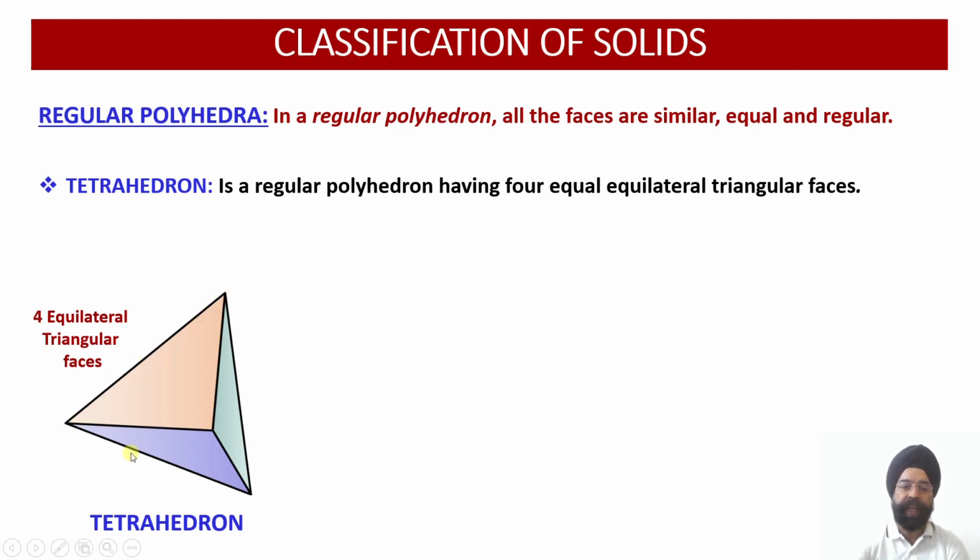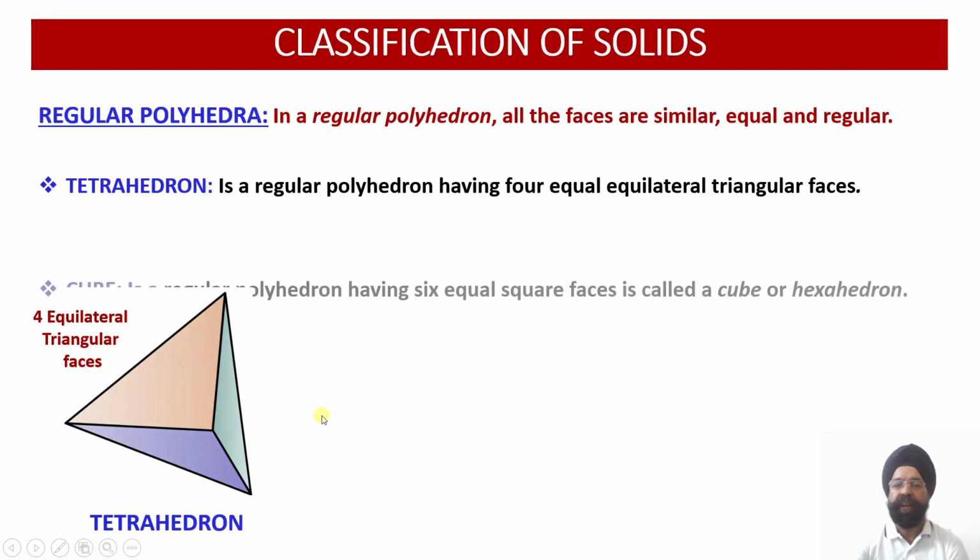You can see the base of the tetrahedron is an equilateral triangle, and then there are three further equilateral triangles which are joined at the apex over here. So the tetrahedron is bound by four equilateral triangular faces, right?